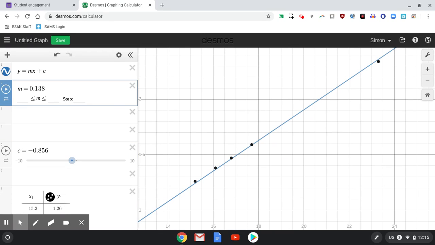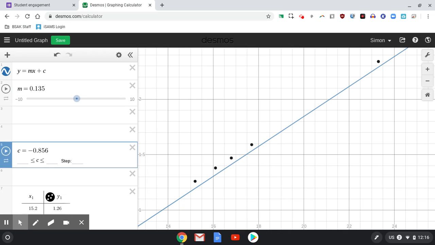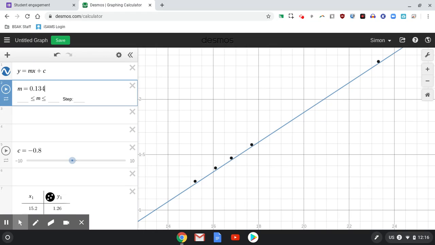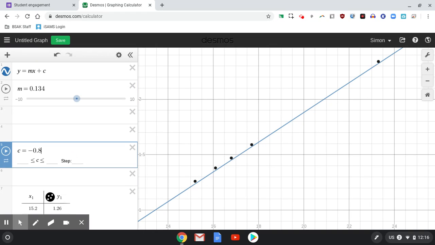We can drop that gradient just a little bit. What are we thinking? It's got to be close, isn't it?